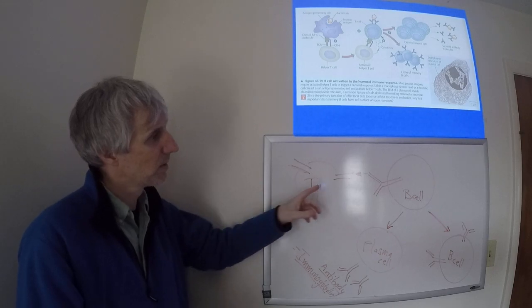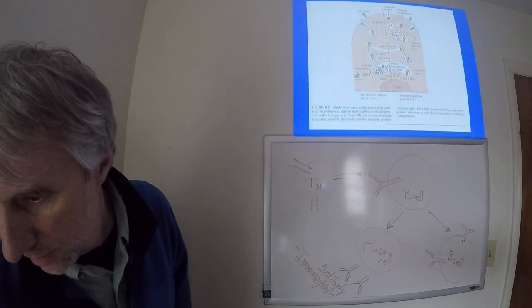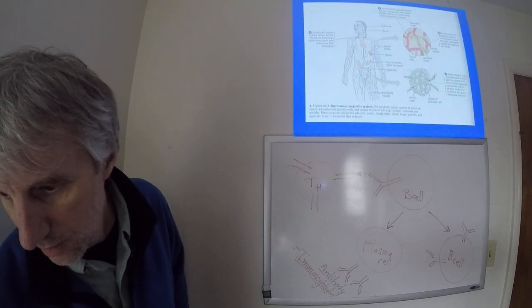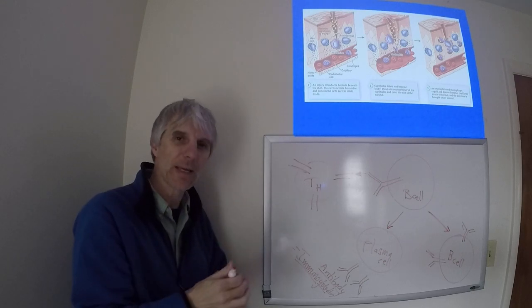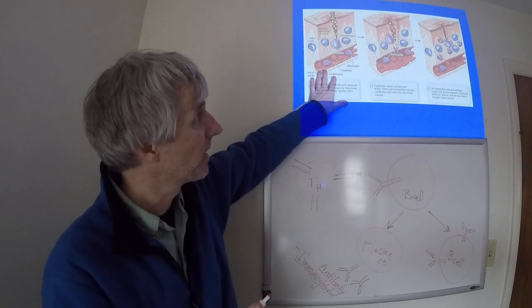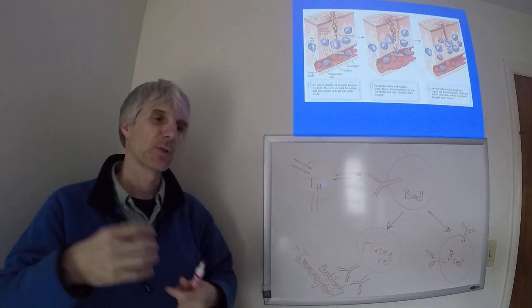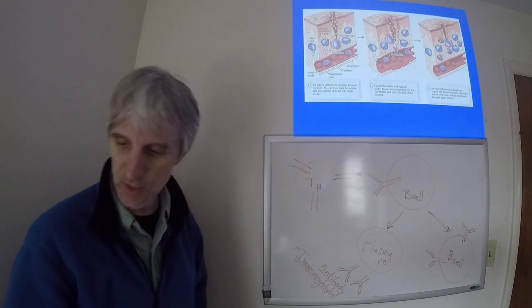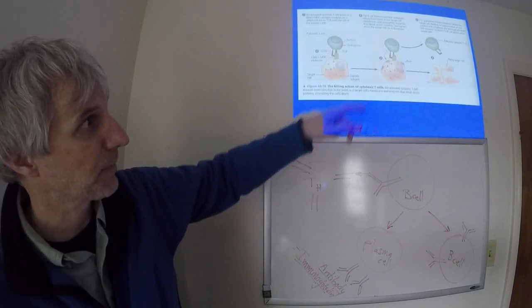All right, so the macrophage picked up something, maybe from that little twig that came into the skin. The macrophage picked one of these up, chopped it up, and presented a piece of it on that MHC class II receptor.